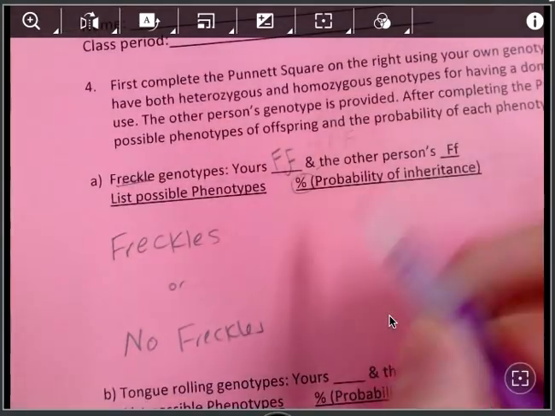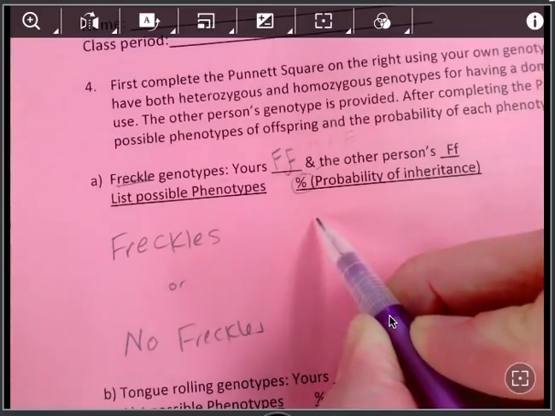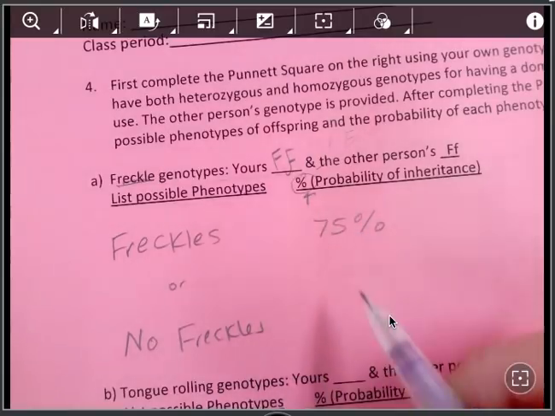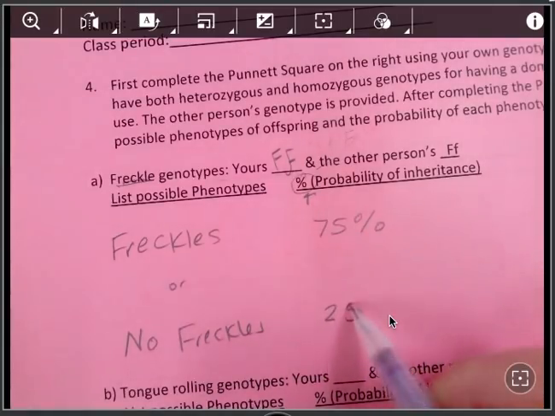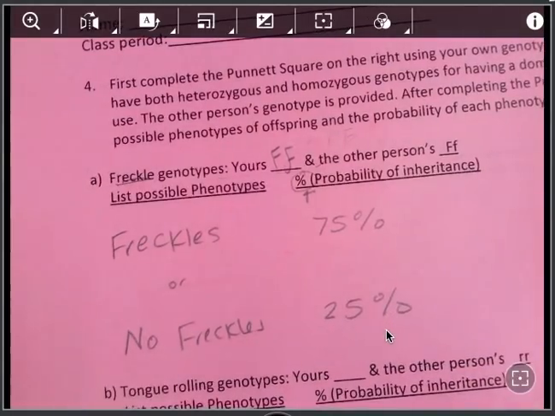So you could write it a few different ways. You could write 75% in this case, because I want to ask for a percentage. And here would be 25% no freckles. And that's how you fill out this page.